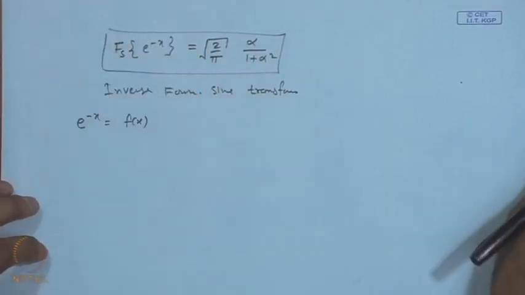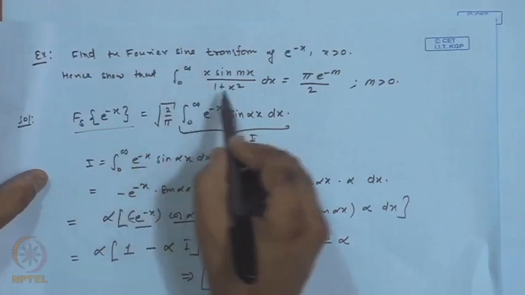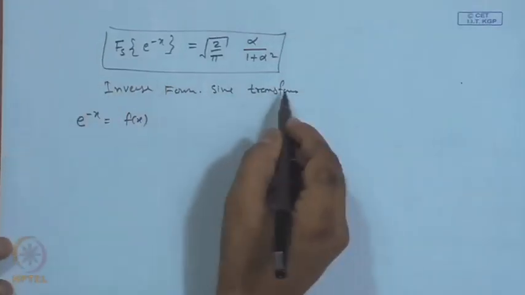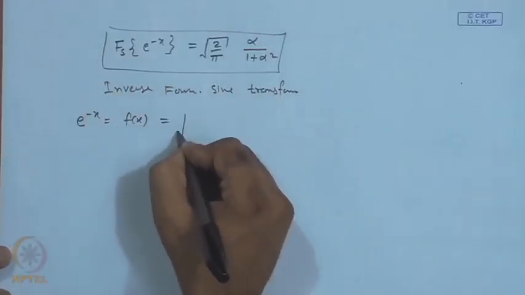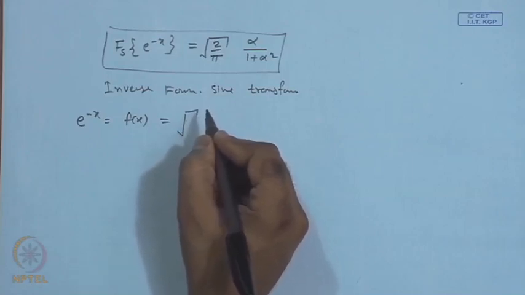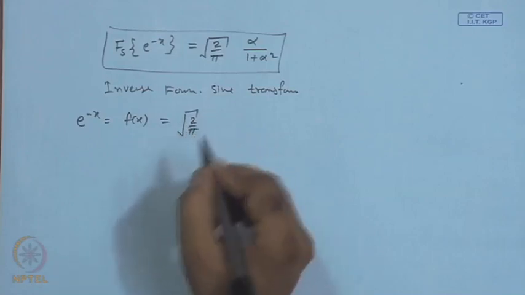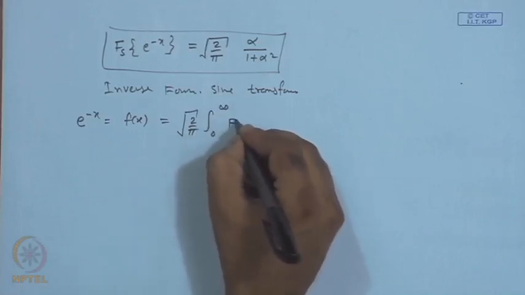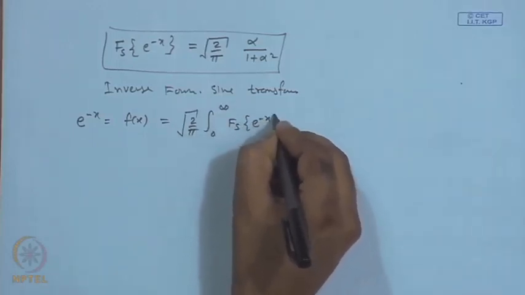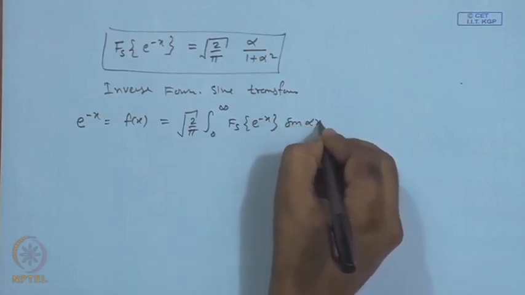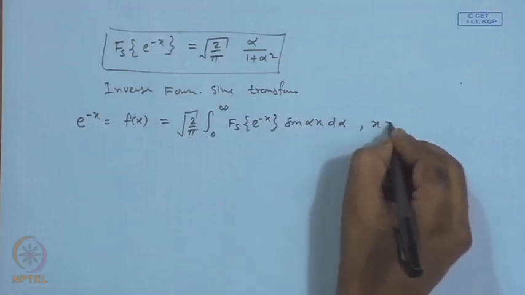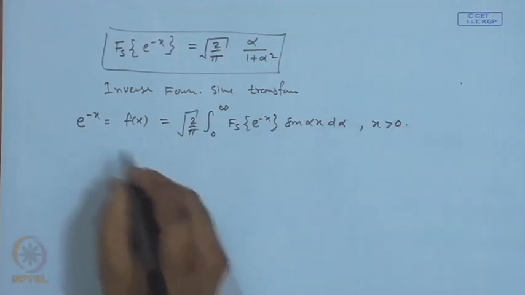The second part, we are going to get this integral from 0 to infinity of x sine mx over 1 plus x square dx. So, for that we take the inverse sine transform, and this is square root 2 over pi times the integral from 0 to infinity of F_s of e to the minus x times sine alpha x d alpha for x positive.